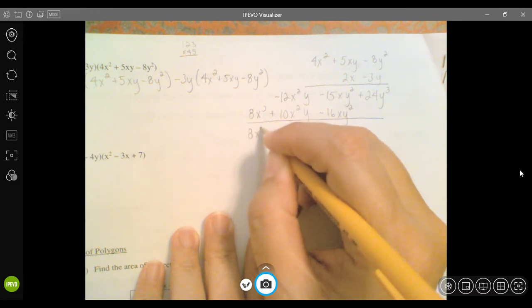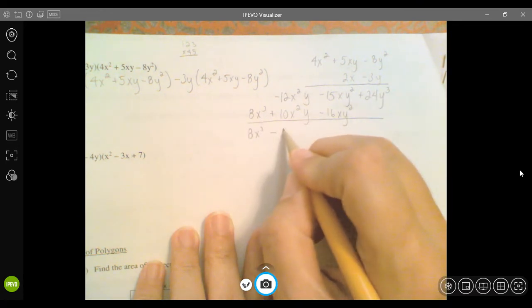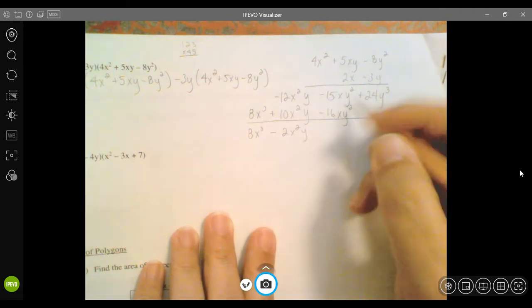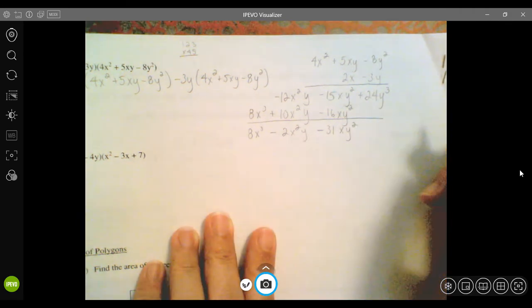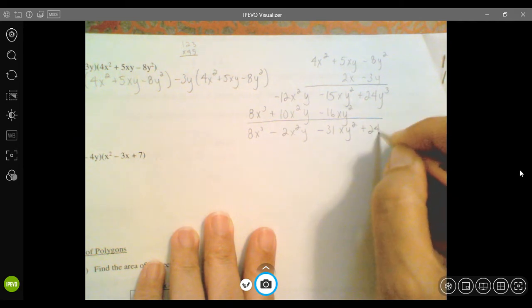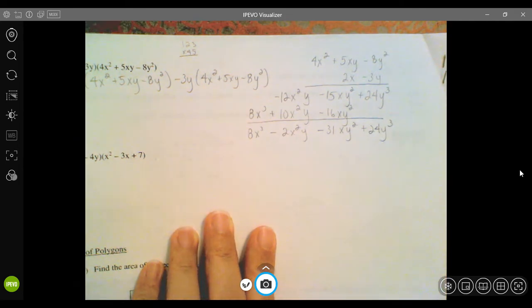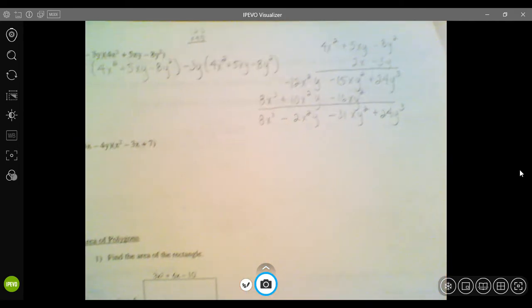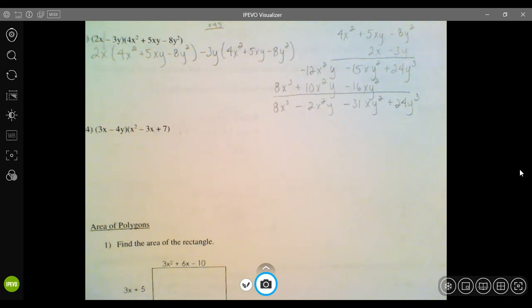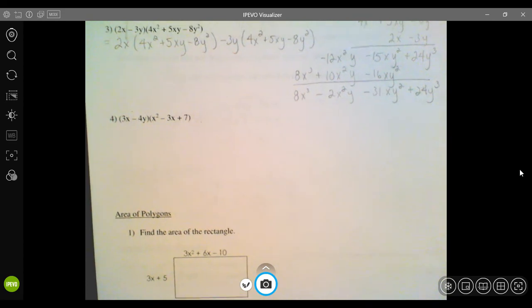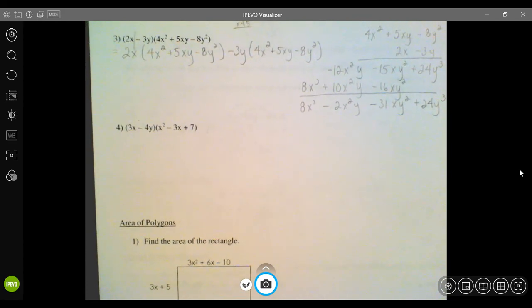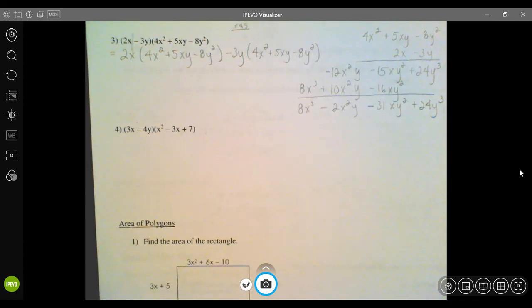I get 8x cubed minus 2x squared y minus 31xy squared plus 24y cubed. Okay, so that's another way to think of the problem. I'll leave that there to let you marinate on that for a second.